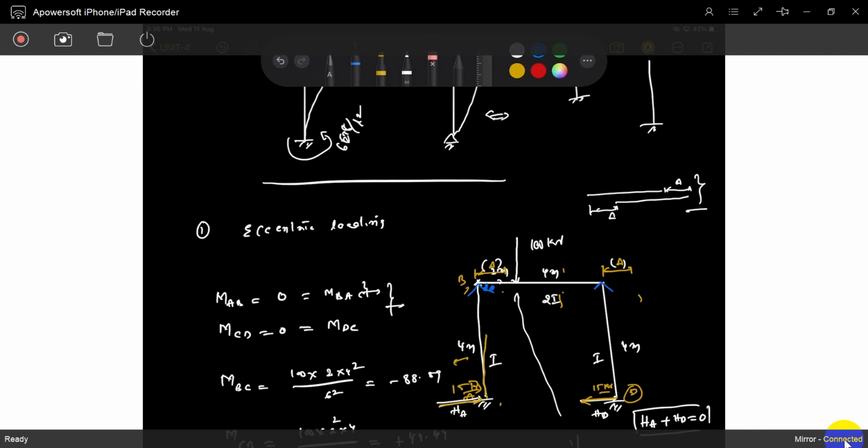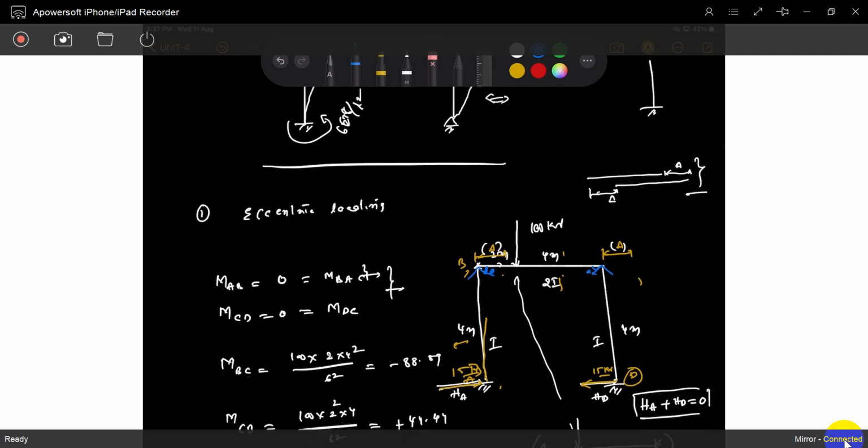Clockwise and anti-clockwise, so the same thing you can draw. Theta b is in a clockwise direction, theta c is anti-clockwise. Okay, so you can join.